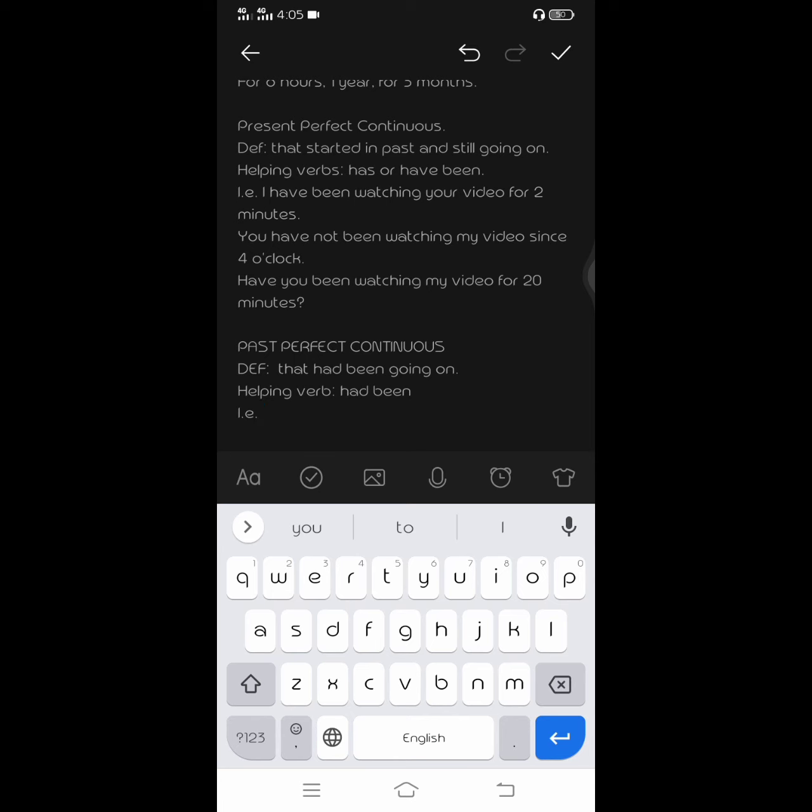Okay, so let's form an example. Suppose अगर आप कहना चाह रहे हैं किसी को कि मैं तुम्हारा इंतज़ार वहाँ पे आधे घंटे से कर रहा था, तो how would you say, I had been, or if you want to say कि मैं 3 बजे से तुम्हारा इंतज़ार कर रहा था, you're going to say I had been waiting for you for 3 hours.